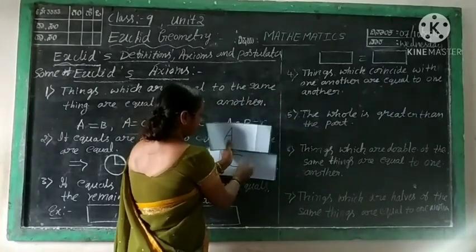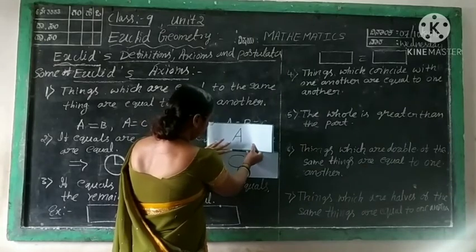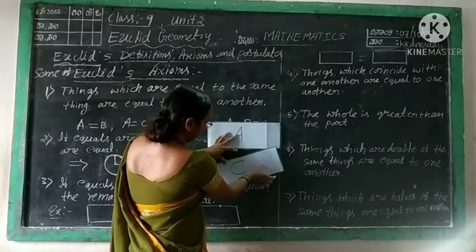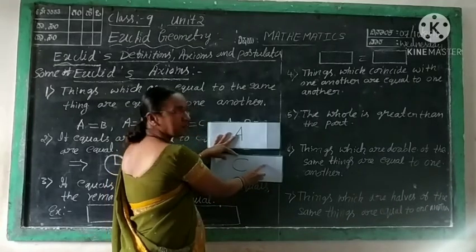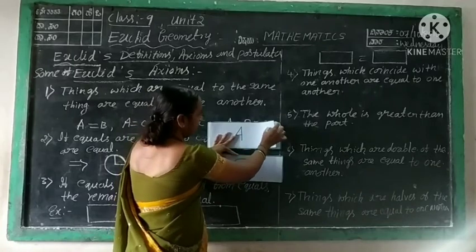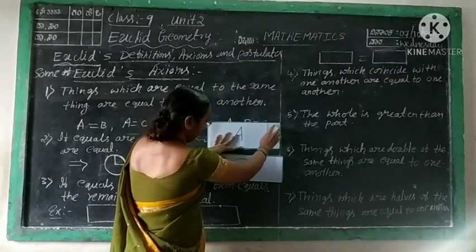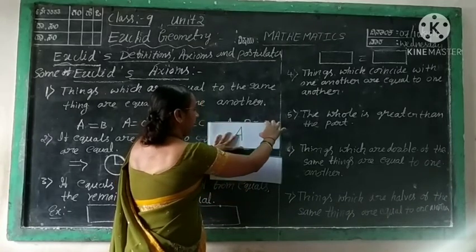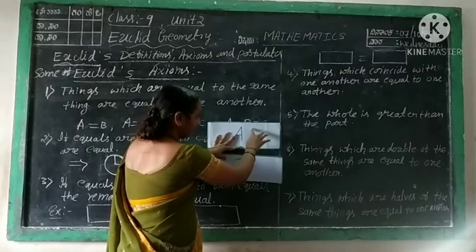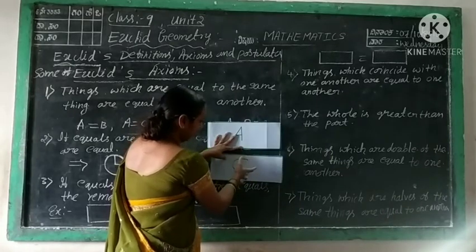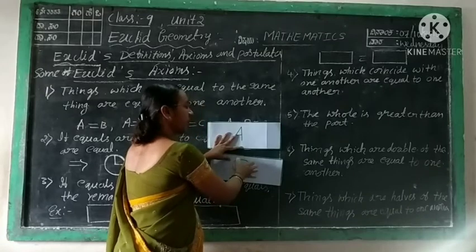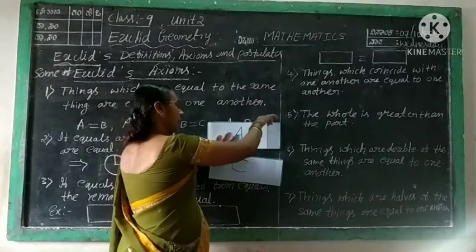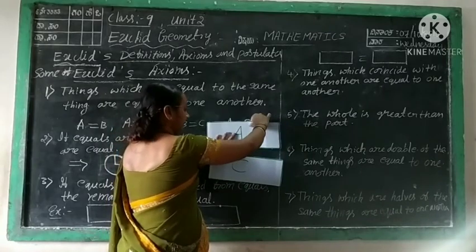Another one is C. Then we compare the double part and the single part C. The double part is A and B and the single part is C. The length and breadth are the same, because all three have the same length and breadth.